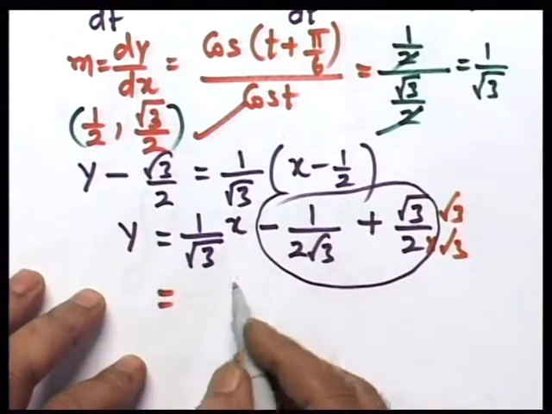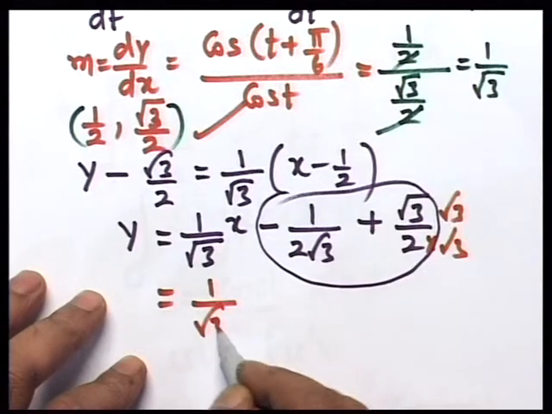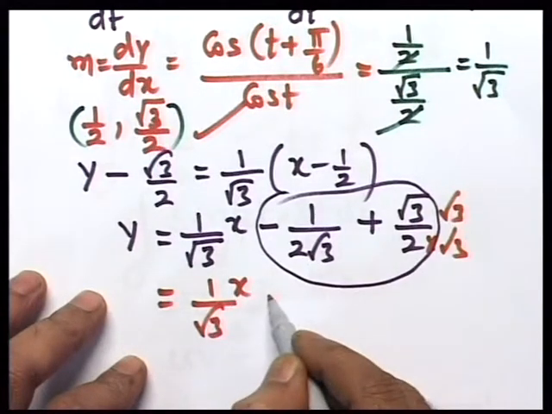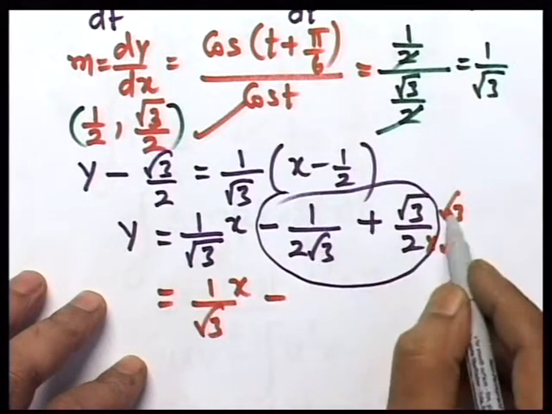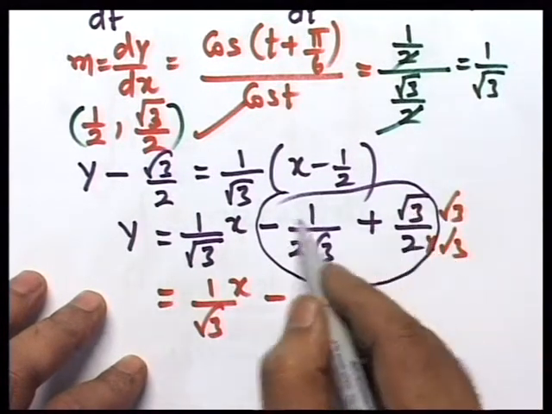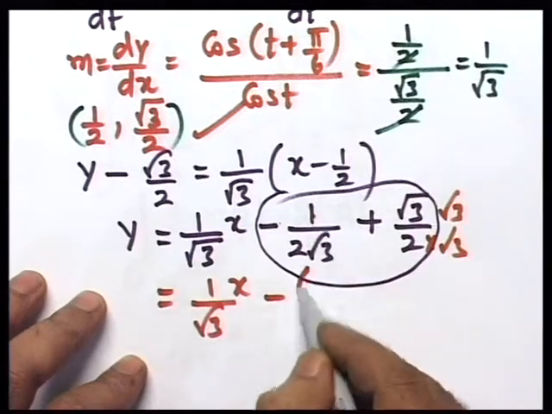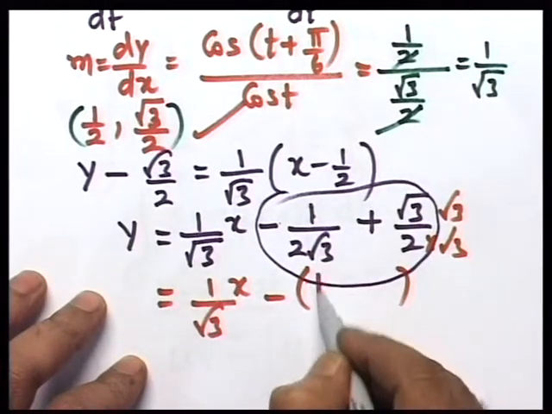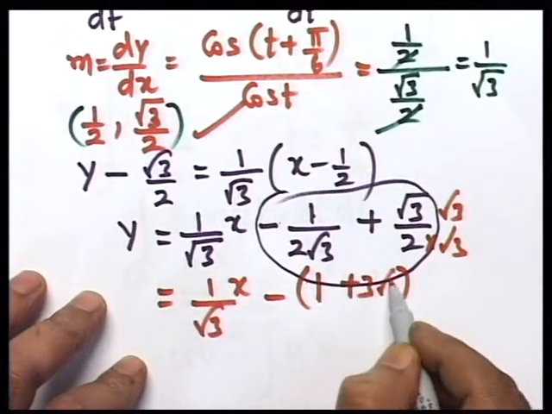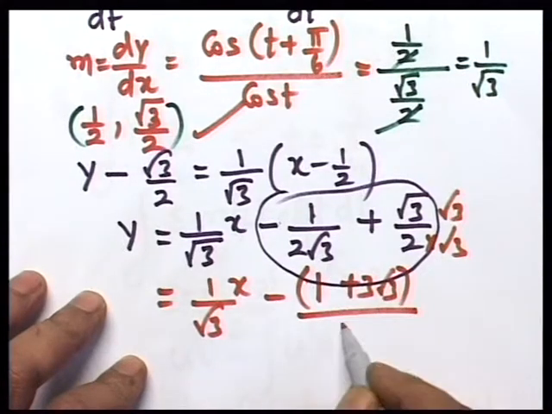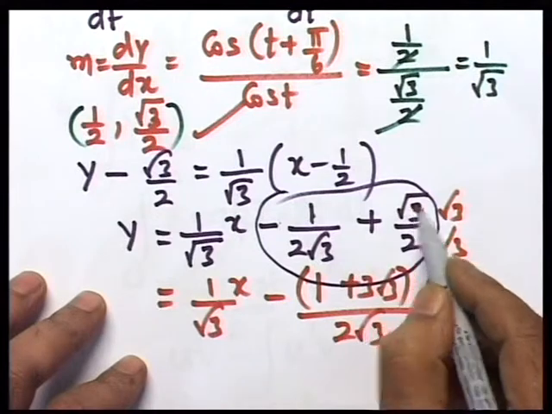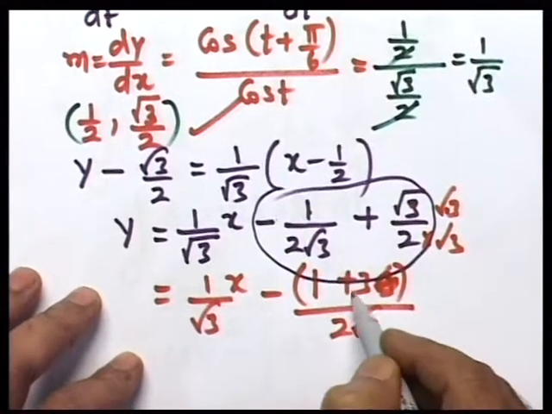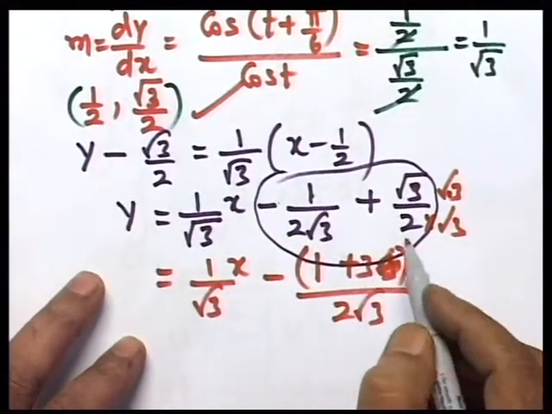So the final step should look like 1 over root 3 x minus the bracket, because that's a 3 root 3 and minus 1. You can put that inside the bracket actually. 1 plus 3 root 3, divided by 2 root 3. We can leave it like that. That's a 3, which comes to 4, right?